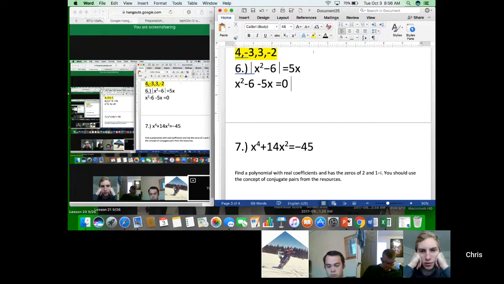You could also just switch it around and do x squared minus 5x minus 6, and that factors out well.